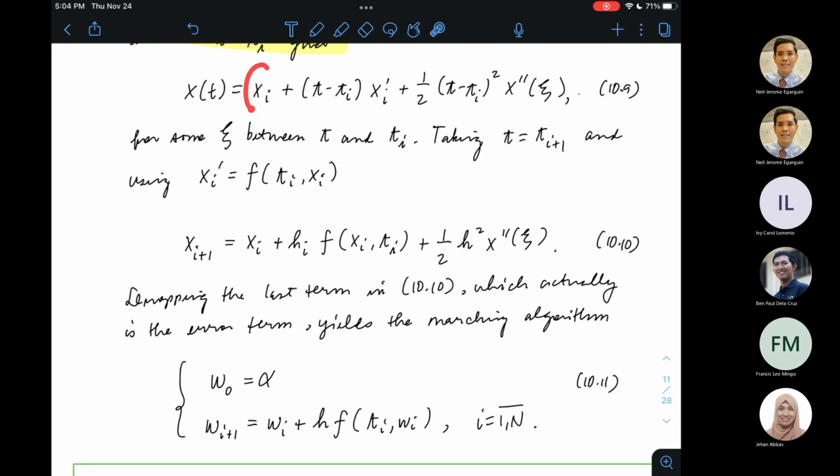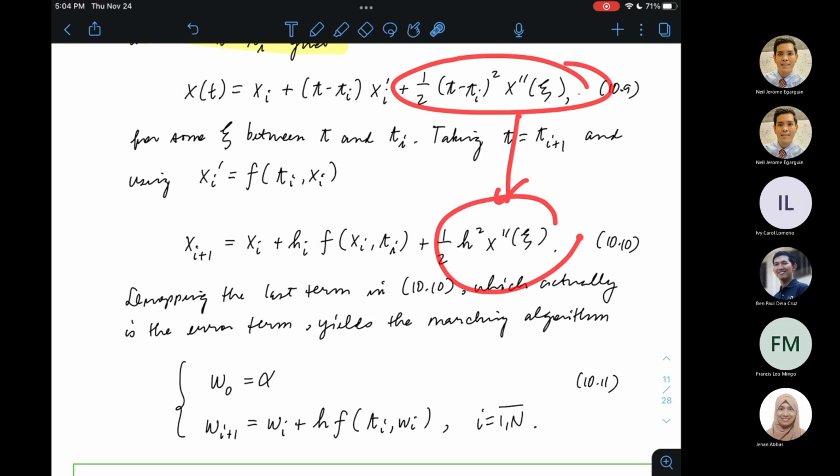Tapos si x sub i, copied over lang siya, kasi ito ay x of t sub i dun sa Taylor series expansion. And then if I plug in t equals t sub i plus 1, so this would be t sub i plus 1 minus t sub i, we'll get h sub i. And then this is x sub i prime. By the analysis that we did in equation 10.7, it can be written as f of x sub i, t sub i. And then the rest will follow accordingly, right?